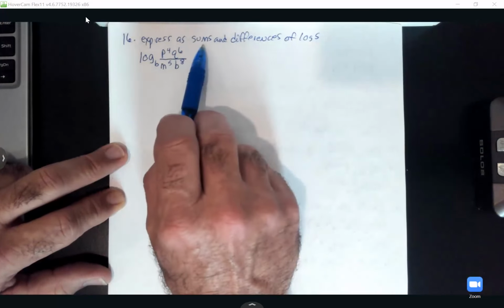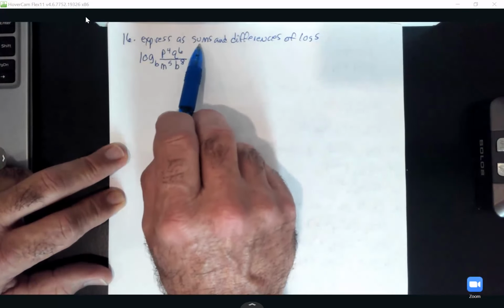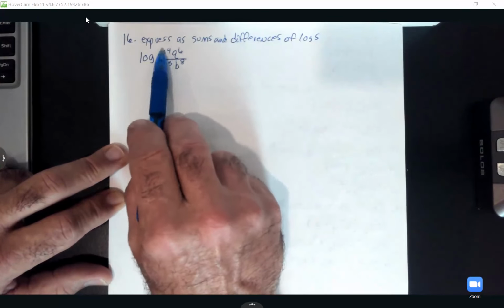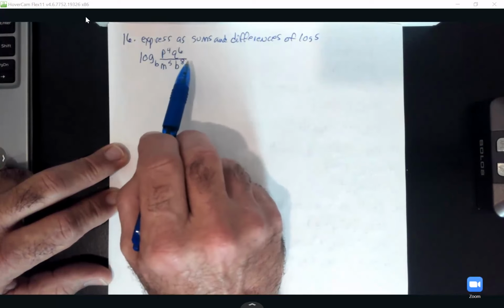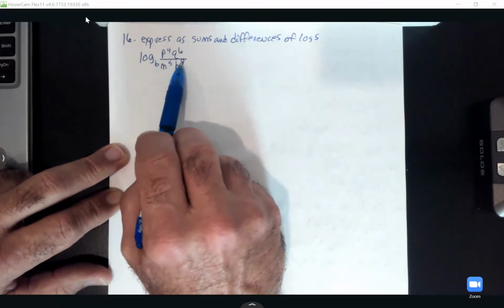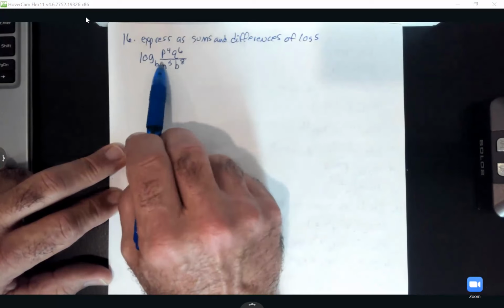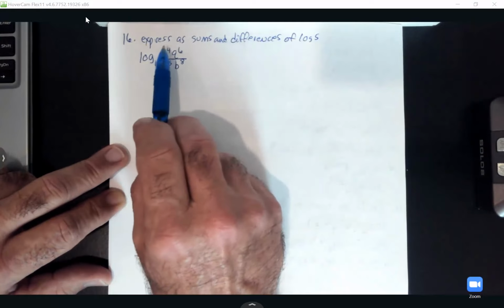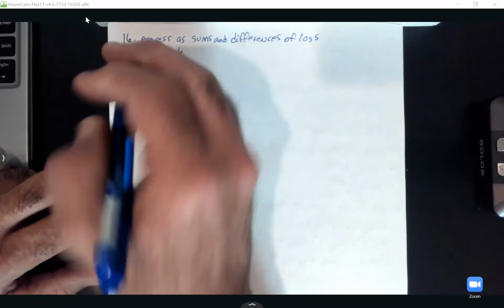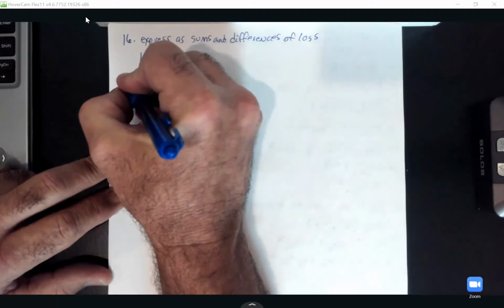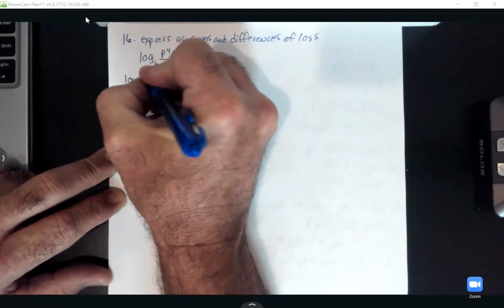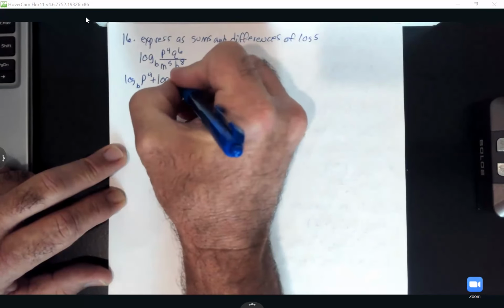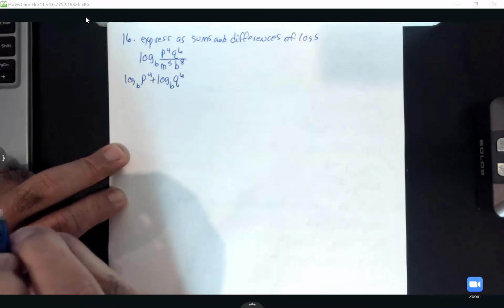Now, here's the thing. The sums are going to come from the top two factors, so the top two factors will be positive. The bottom two factors will be the differences; these will both be subtracted. We're going to distribute log B to all four of these factors. So for the two on top, you get a log B of P to the 4th plus a log B of Q to the 6th.